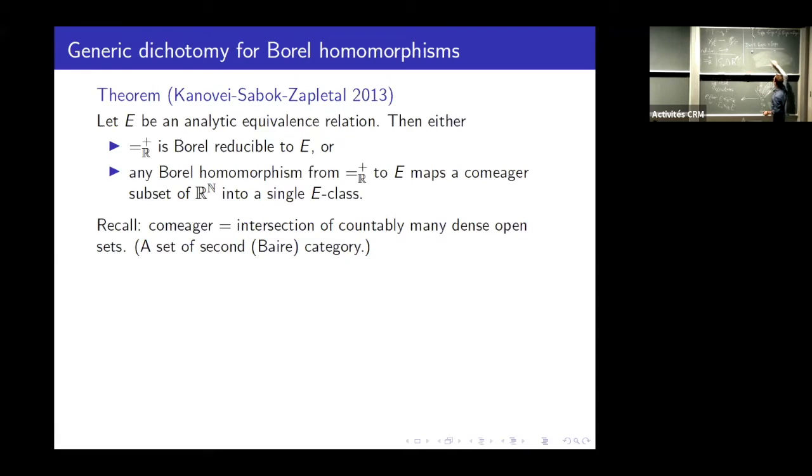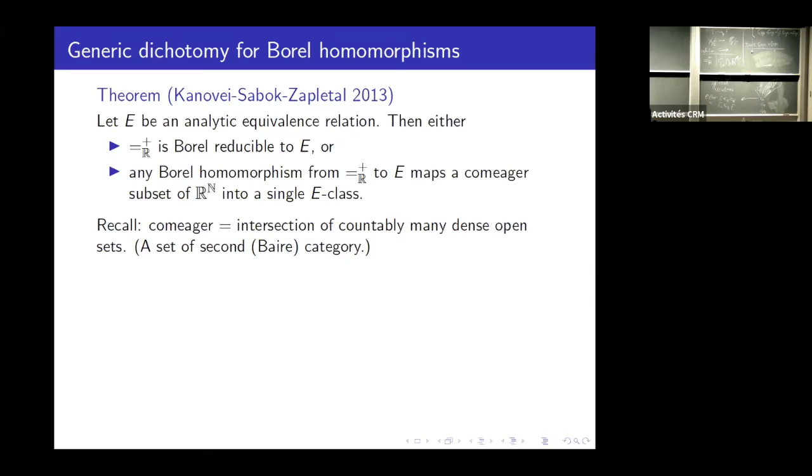What does it mean to be above equality plus? It means that there is a Borel homomorphism which is injective on the classes, which is a reduction. Or if there is no such injective homomorphism, then in fact any other homomorphism is completely trivial.